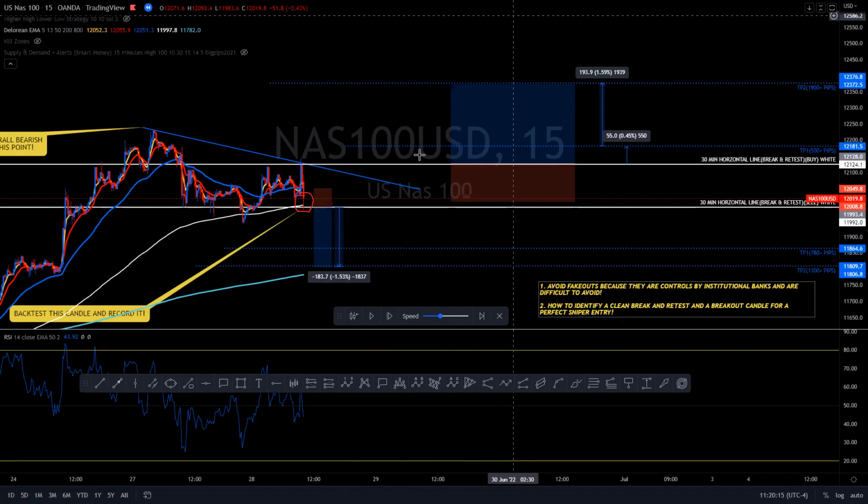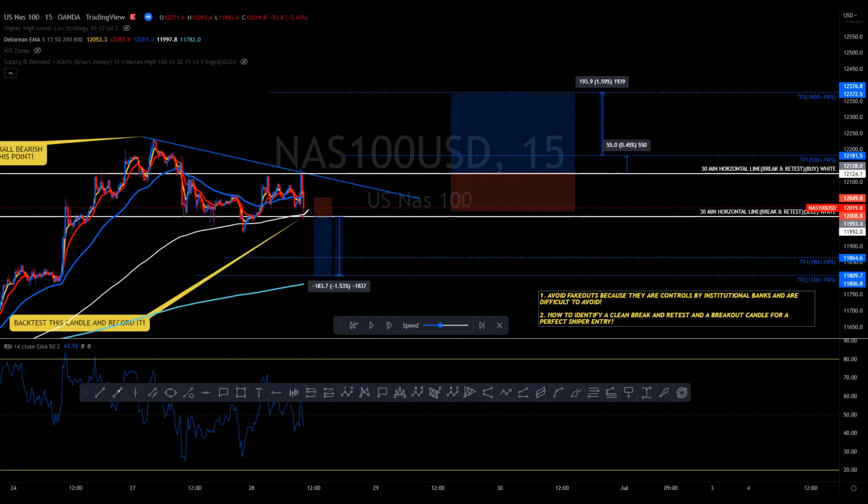The key here is whenever you see a clean break and retest, this is difficult to do, but you have to do it. You see price pushing down, you want to look at the timer of the candle.